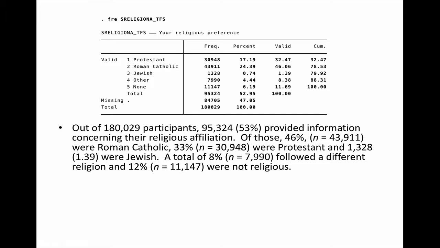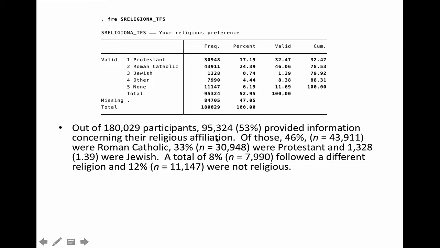Typically I report missing data, and I tell you to report missing data, at the end, but we have so much missing data here it seemed to me that it makes sense to just say that up front. So out of this many participants, this many, right here, 53%, provided information concerning their religious affiliation.